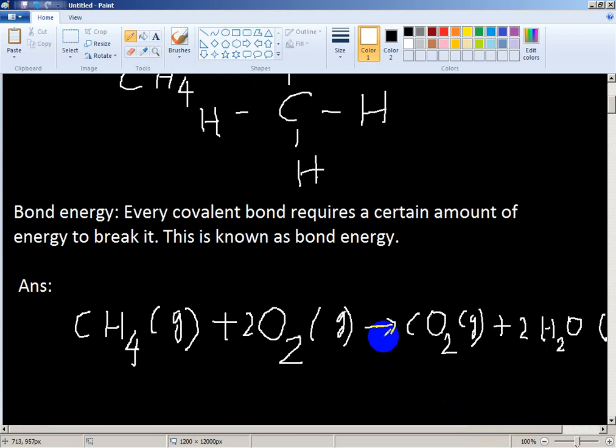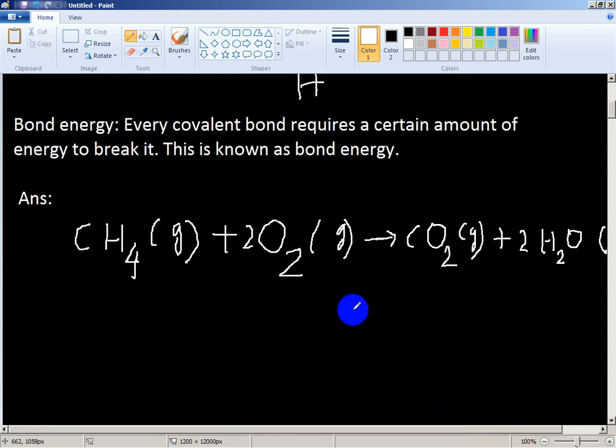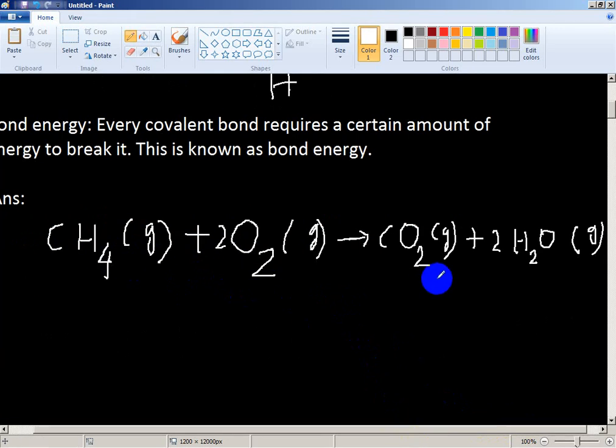Okay, then you write the bonds during the reaction. These are reactants. Reactants are methane and oxygen, and products are carbon dioxide and water. During the reaction, the reactants' bonds are broken.